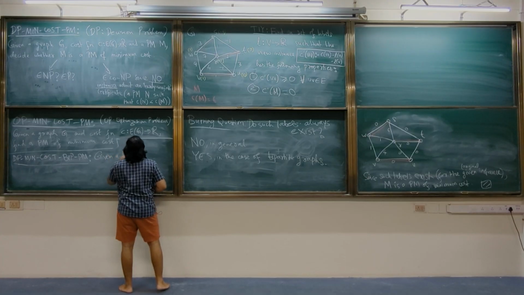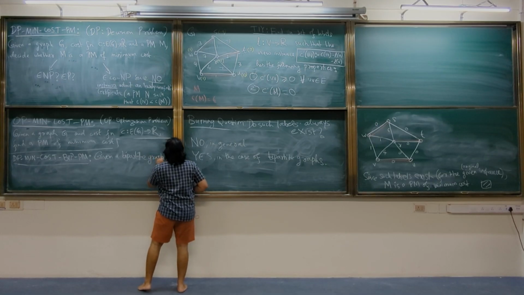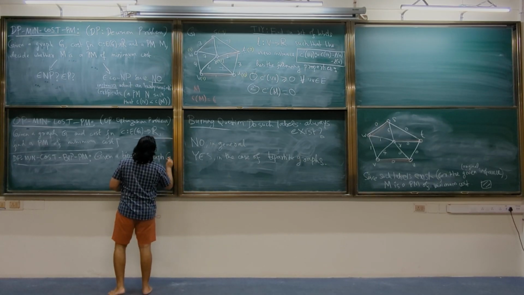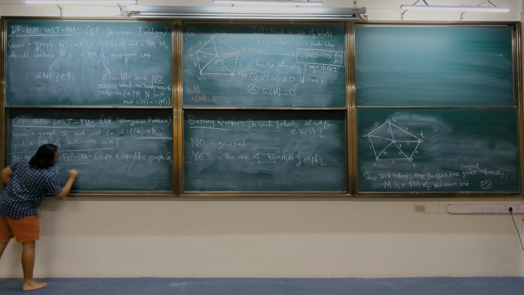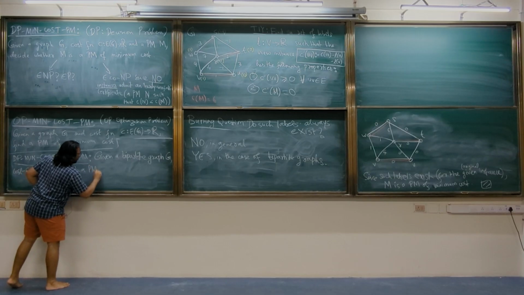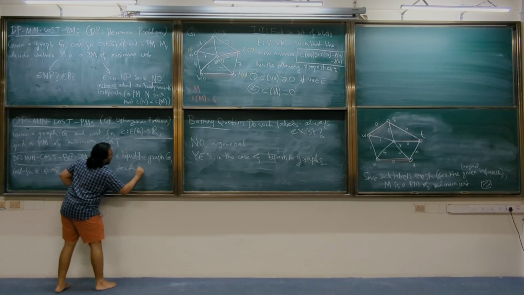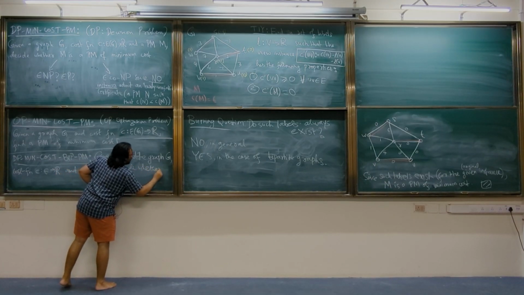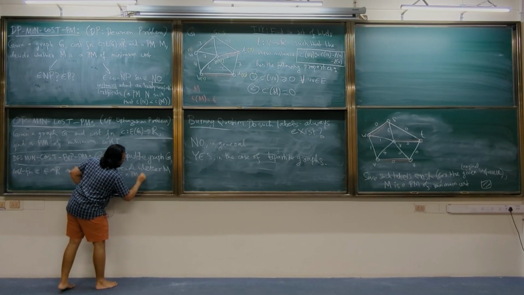Given a bipartite graph G, a cost function c from the edges to the reals, and a perfect matching M, decide whether M is a perfect matching of minimum cost.